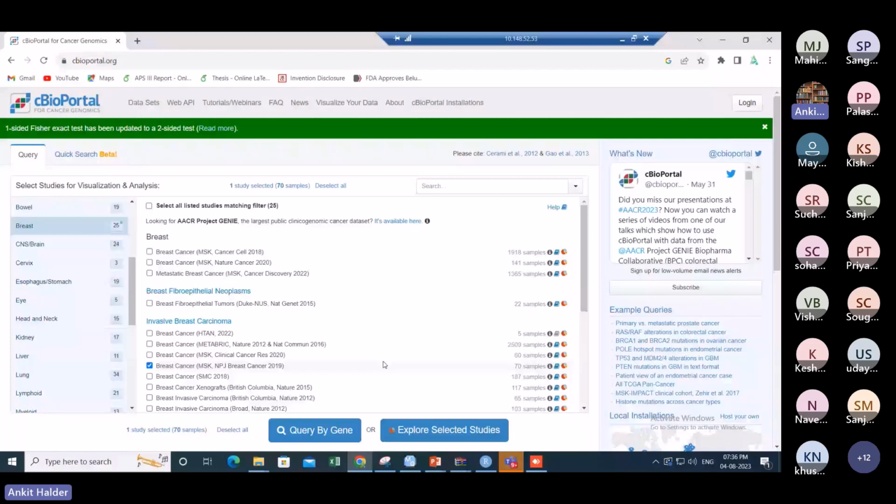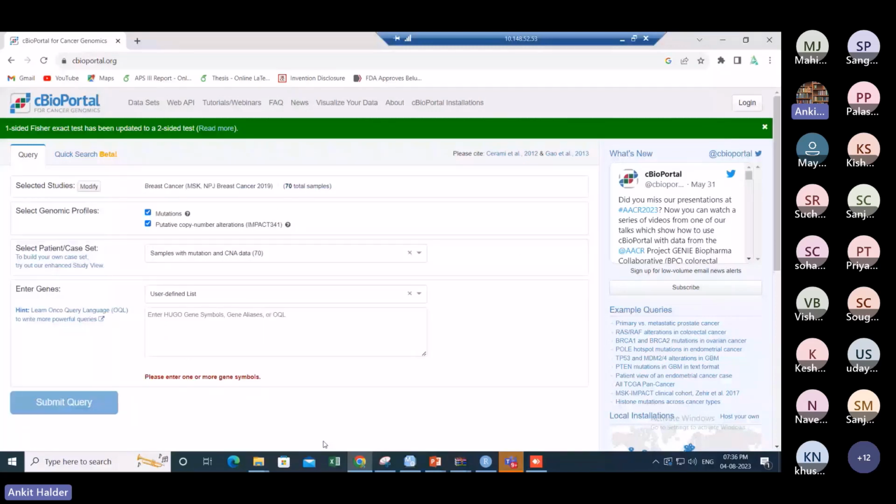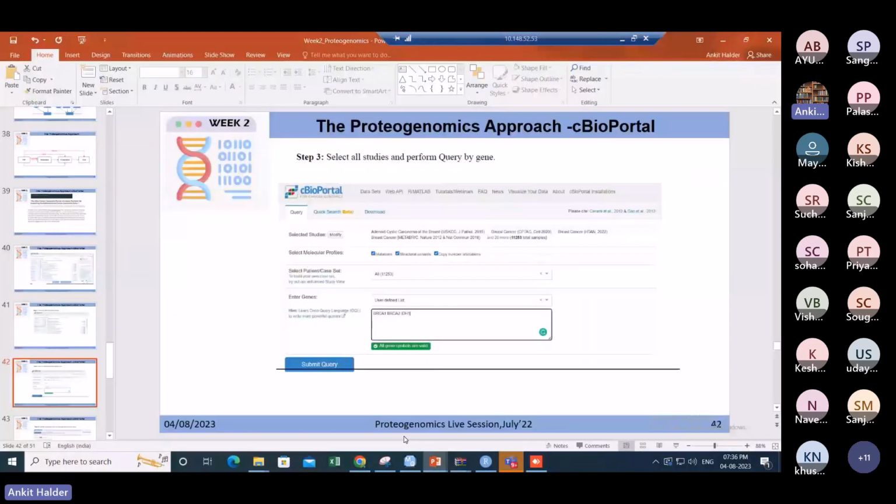So for now, let us look at query by gene. Here, without going through all the steps of data analysis, you can go and visualize all these things. I recommend that you all try to find the important genes associated with this disease and explore as much as you want. For now, we will query these three genes: BRCA1 and BRCA2, which are known for mutations in breast cancer, and IDH1, which is one of the known mutations for a brain tumor.